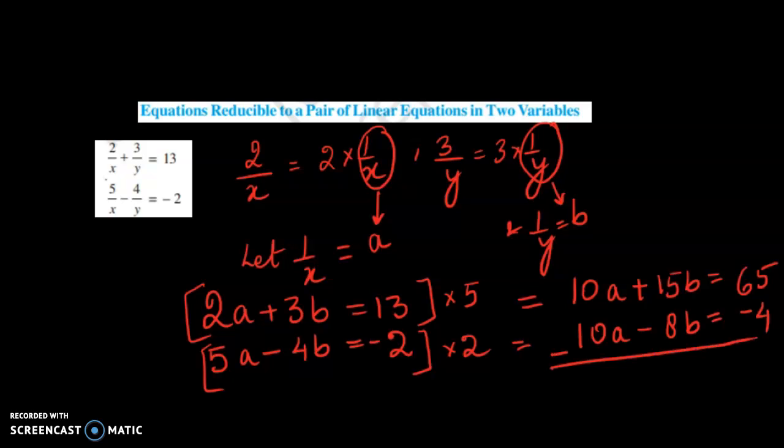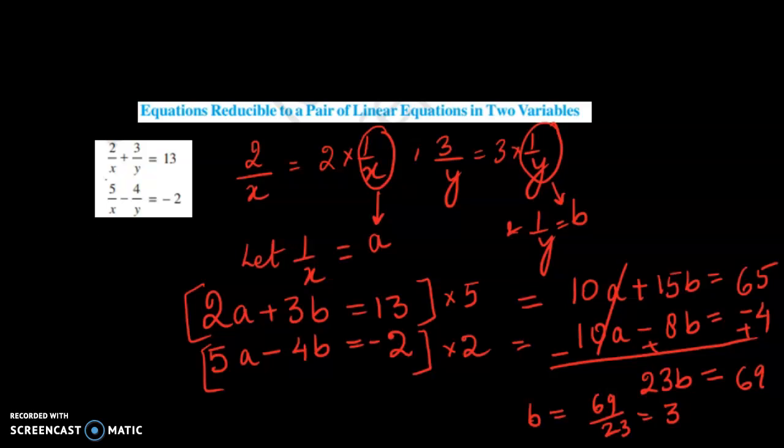Let us subtract these two equations. a is eliminated, so I get 23b is equal to 69. So I get the value of b as 69 upon 23, which is 3.